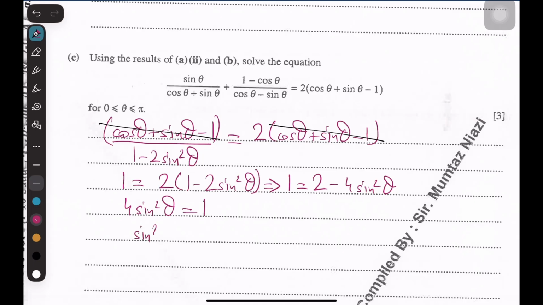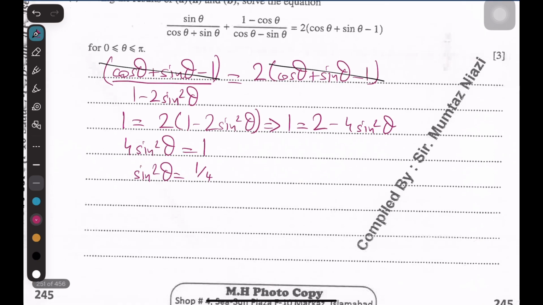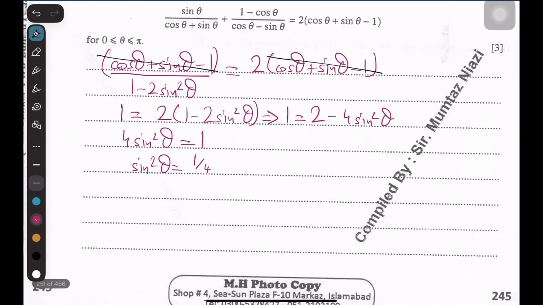Then we can write sine square theta equals 1 upon 4. Okay, so if we have sine square theta equals 1 upon 4, we can write this as sine theta equals plus minus root of 1 upon 4, which is the same as plus minus half.